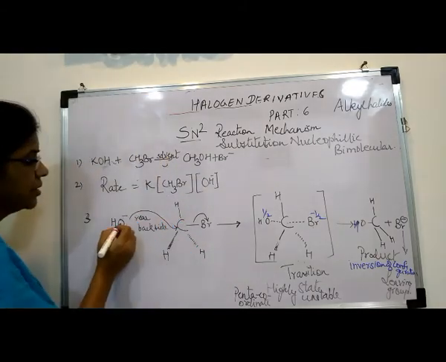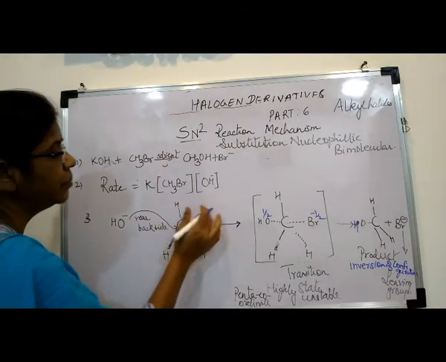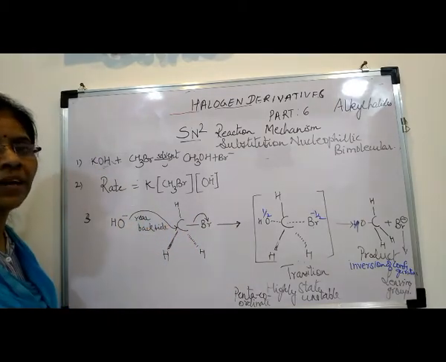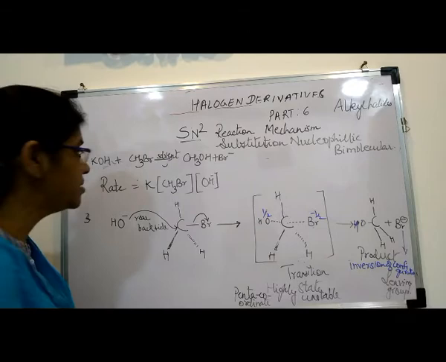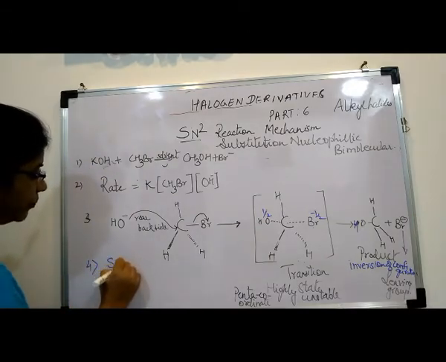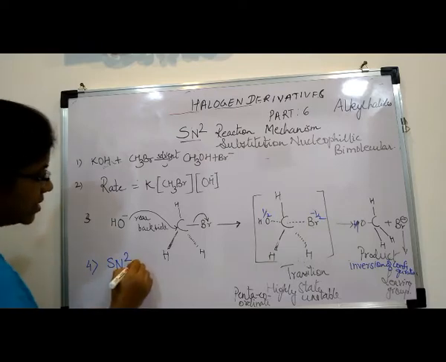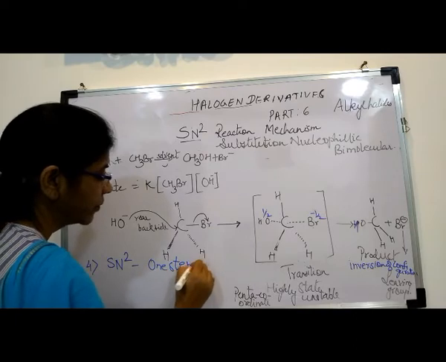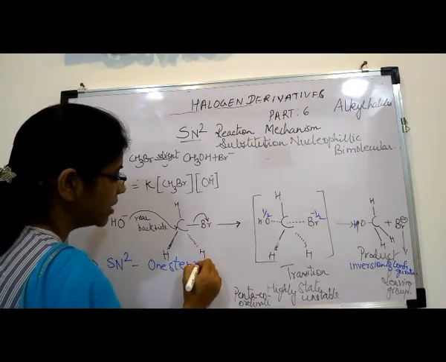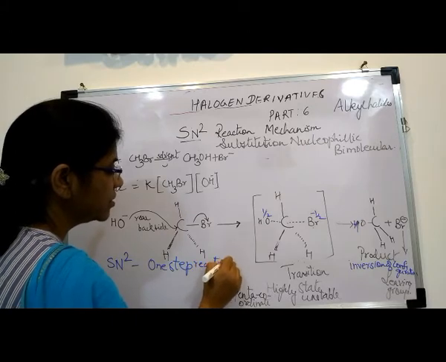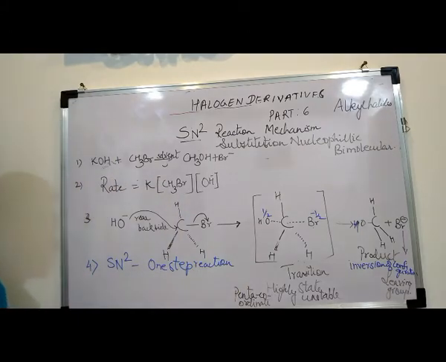Now in this case, the attacking and the leaving of the nucleophile is simultaneous, and therefore we can say that SN2, all right, is a one-step reaction mechanism. The reaction takes place in one step. Single step, correct?